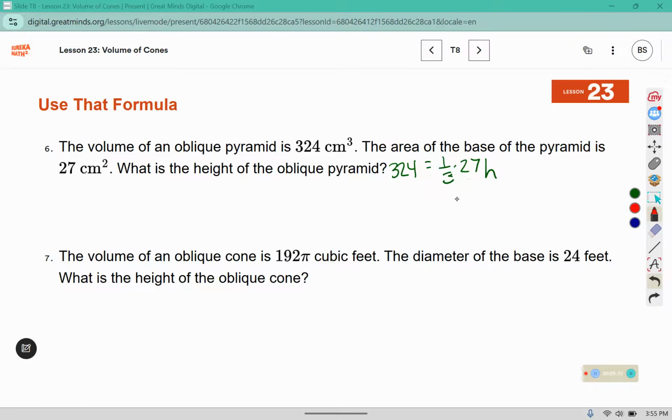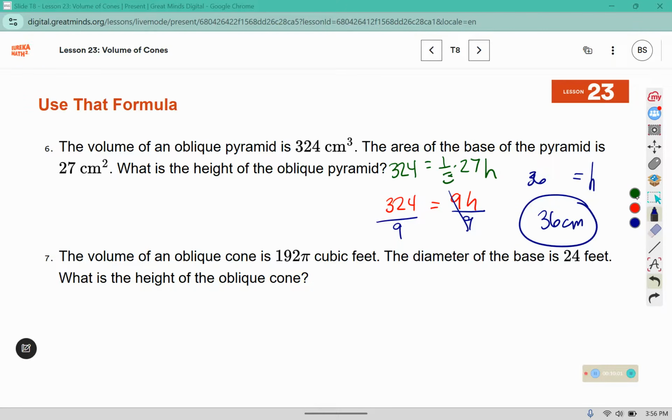A third of 27 is 9. Divide both sides by 9. We're left with h on the right side, and 324 divided by 9 is 36. So the height would be 36 centimeters.